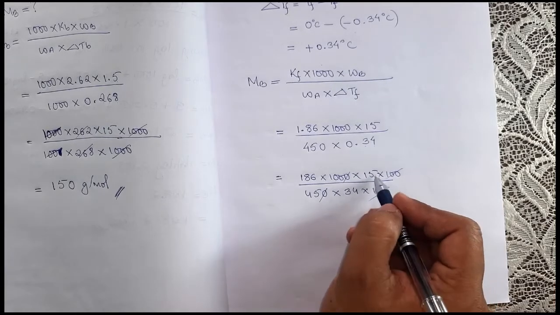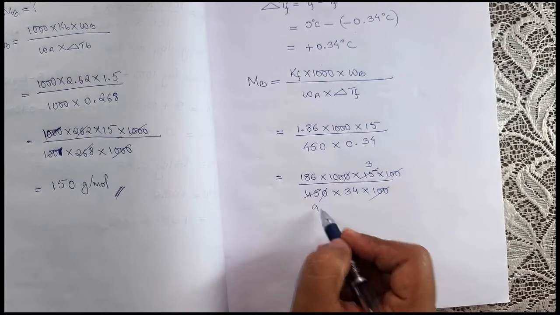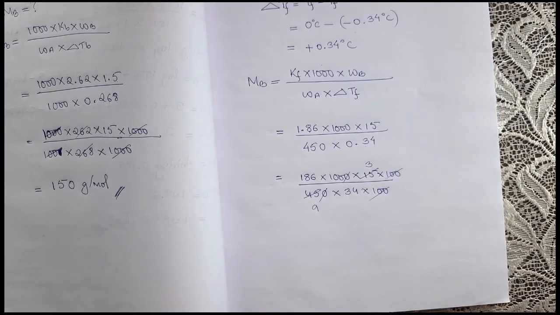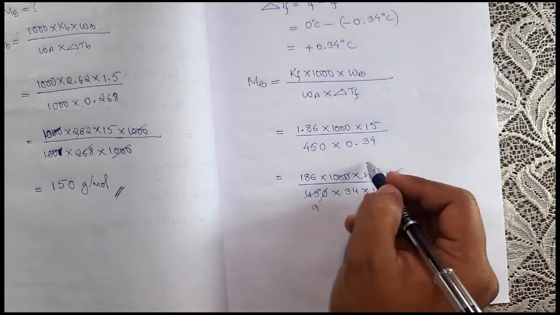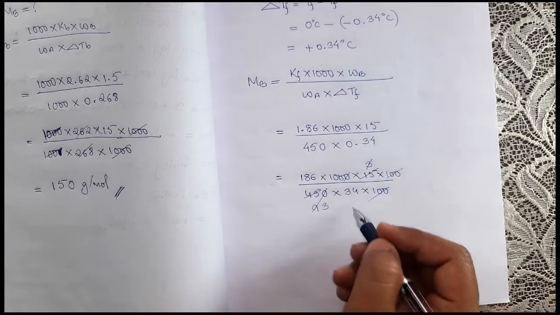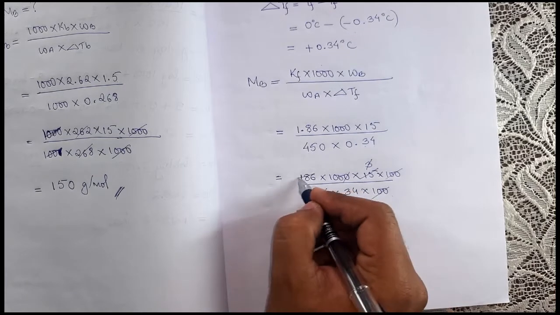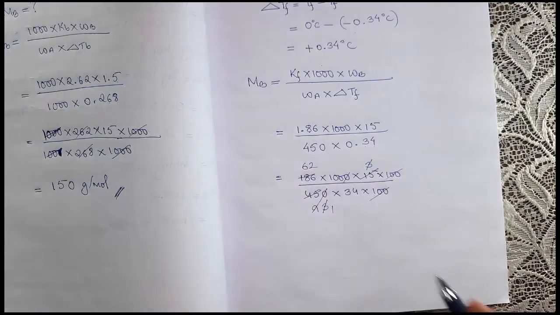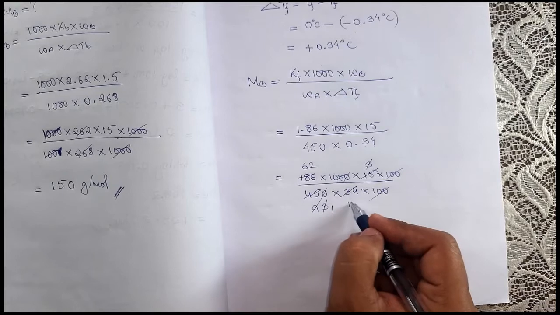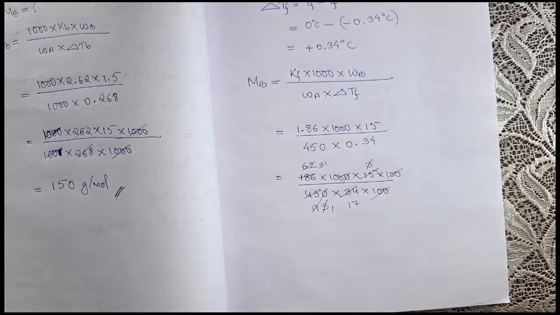I can cancel with 5 as well, 5, 3. And then we can cancel this one. 3 1 is 3, 3 6 is 18, 3 2 is 6. I can cancel this one. 2 1 is 2, 2 7 is 14, 2 3 is 6, 2 1 is 2, 31.